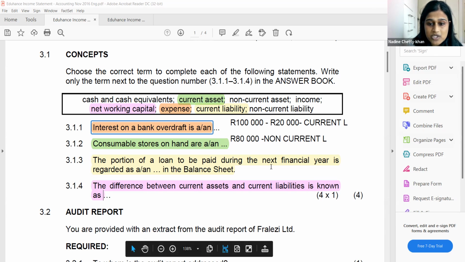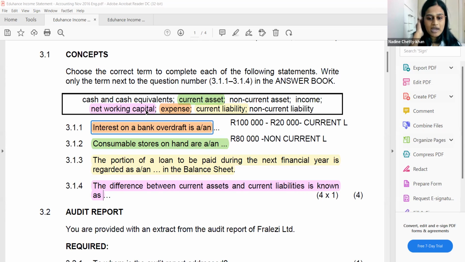So we can eliminate that because that doesn't deal with assets or liabilities. The last option we left with is net working capital. And that is the definition of current assets minus current liabilities. In other terms, net working capital is the current assets you have left over after covering your current liabilities.